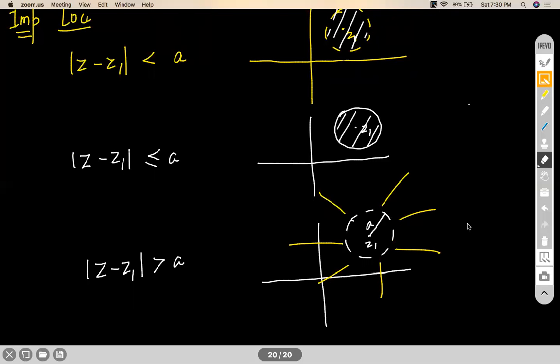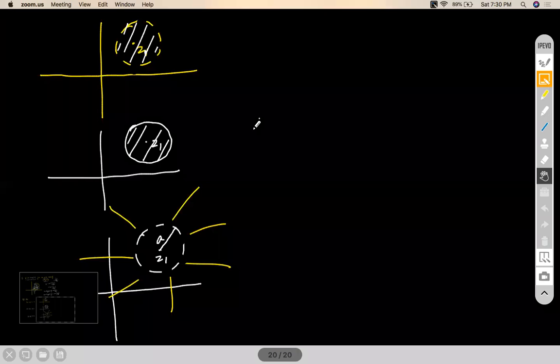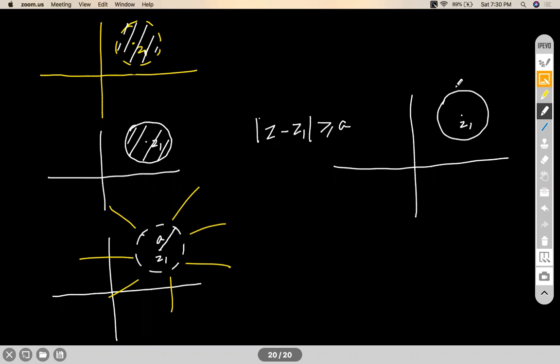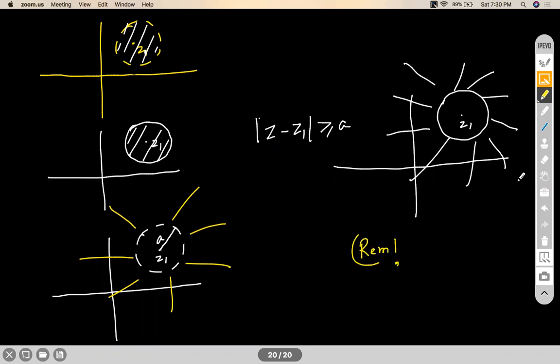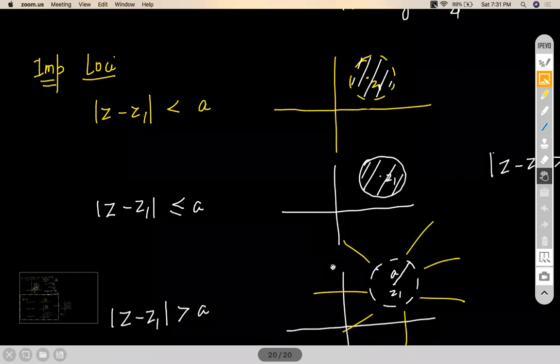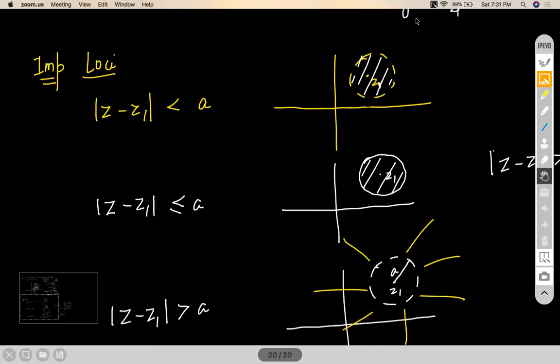If somebody says mod z minus z1 is greater than or equal to a, then he is asking you for a region outside the circle with center at z1, with the circle being solid. Please remember these are very, very important things that we are going to use in our problem solving. It is just the tip of the iceberg that you have seen today. We'll go much more into detail, especially when we are doing the geometry based problems on complex numbers.